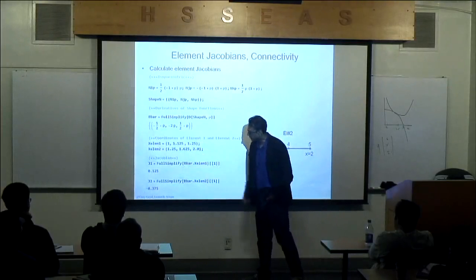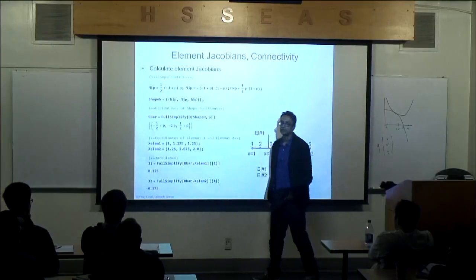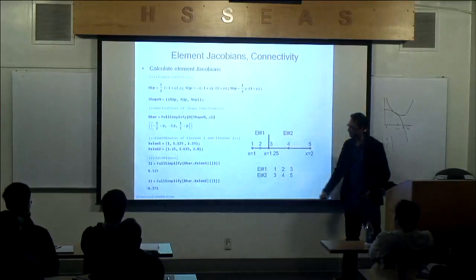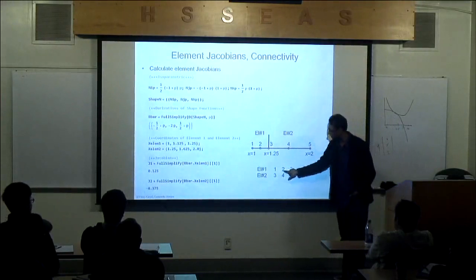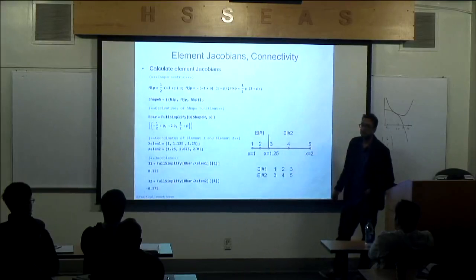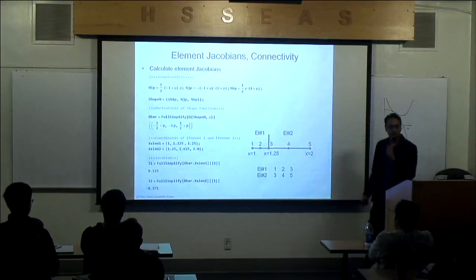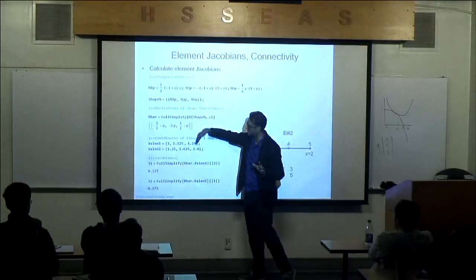So it gave me 0.125, and then B bar times X element 2 is 0.375. For this example, it came out very nicely. And the connectivity matrix is 1, 2, 3 for element 1, and for element 2 it is 3, 4, 5. Any questions on that? Again, I don't have to redo anything here above. That's already done forever.